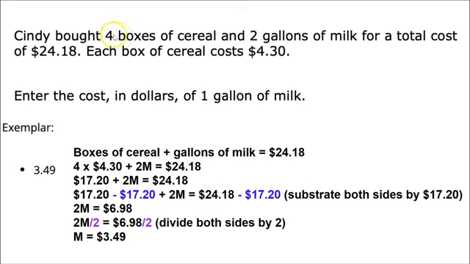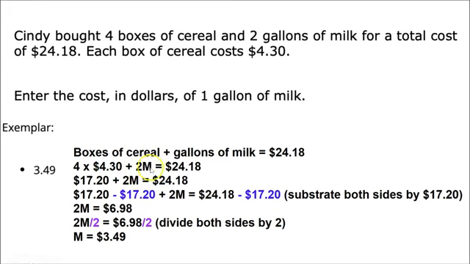And we know each of those boxes costs $4.30. So you times those two numbers together, 4 times $4.30, to get the total amount of cost the boxes of cereal cost. Now we got to figure out the gallons of milk. And we know we have 2 gallons, so we have a 2, but we don't know how much the milk actually costs. So that is the value that we are trying to figure out.